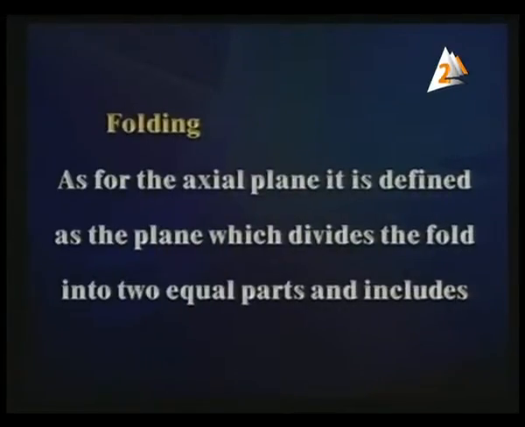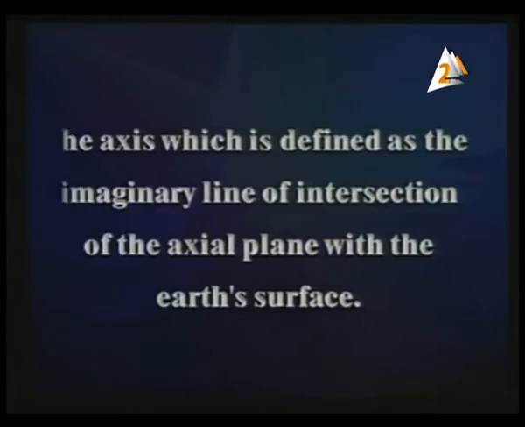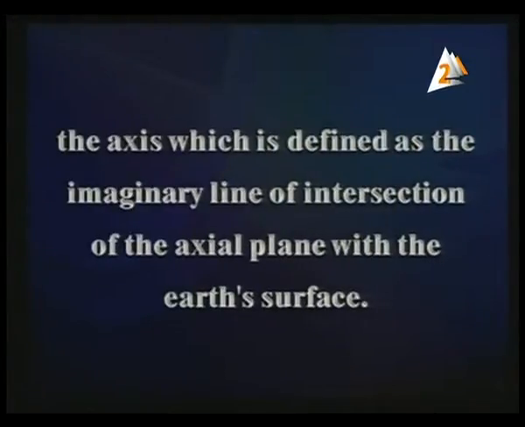As for the axial plane, it is defined as the plane which divides the fold into two equal parts, and it includes the axis, which is defined as the imaginary line of intersection of the axial plane with the fold surface or the earth surface.